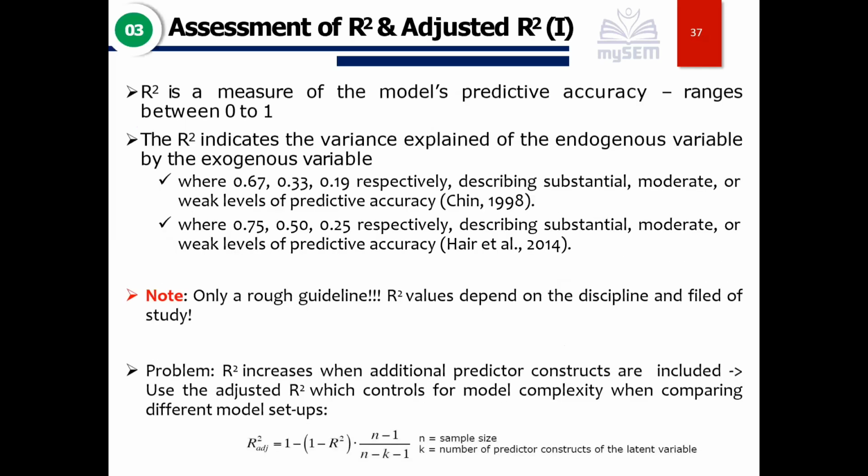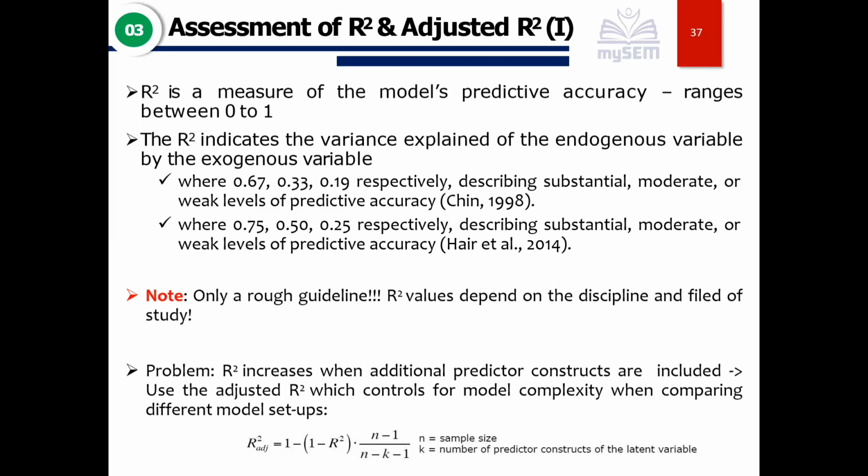Third is the assessment of R square and R square adjusted. I already showed this in the first slide. The R square value gives, as I said, the explanatory power of your model. It is the in-sample explanatory power, and Q square is the out-of-sample predictive power.